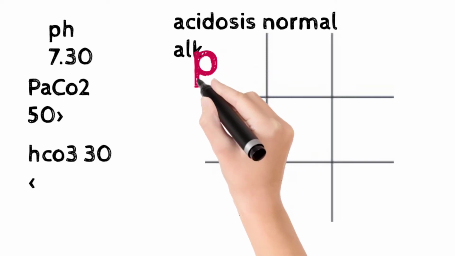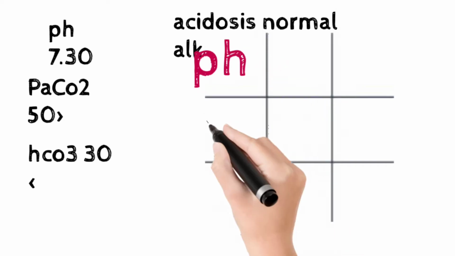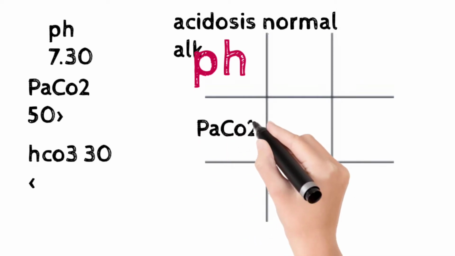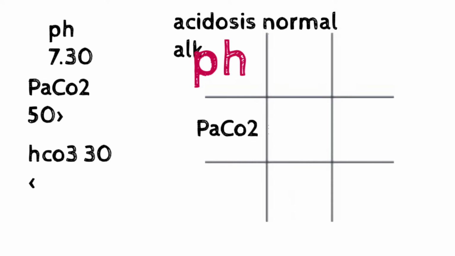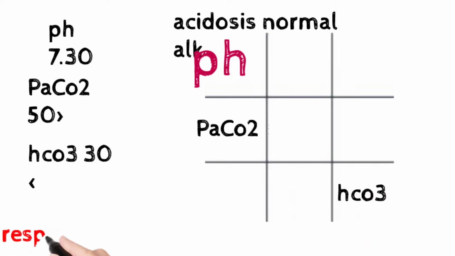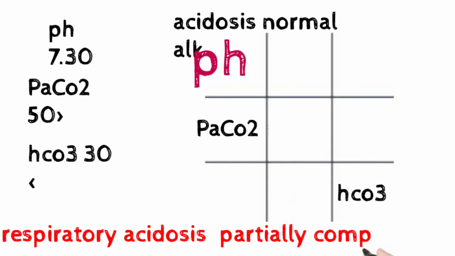Now pH is acidosis, PaCO2 is acidosis and represents the respiratory, and HCO3 greater than 28 goes under alkalosis. So here pH and PaCO2 are partially compensating the HCO3, so respiratory acidosis partially compensated.